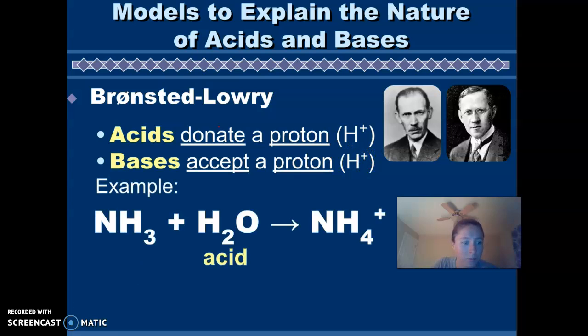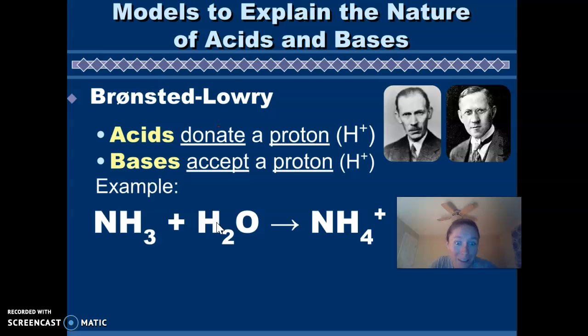So here's an example. We have water reacting with ammonia, which again I just defined from your reference table as being a Bronsted-Lowry base. And they react to form NH4+ and hydroxide. Normally you might say water is not an acid or a base, but because you have a base here, the water is going to act as an acid.